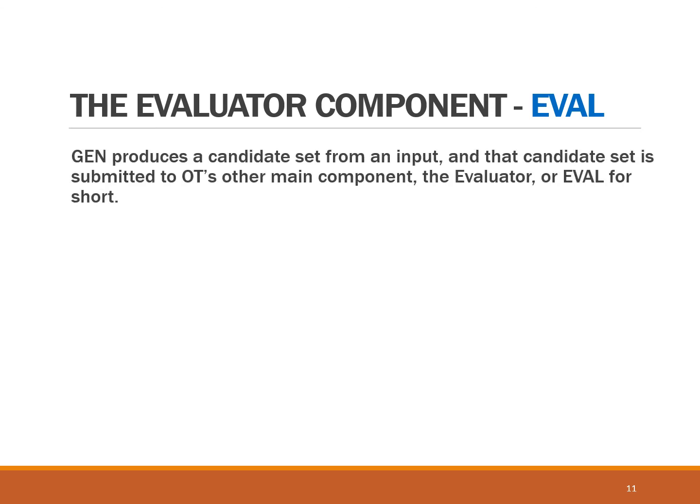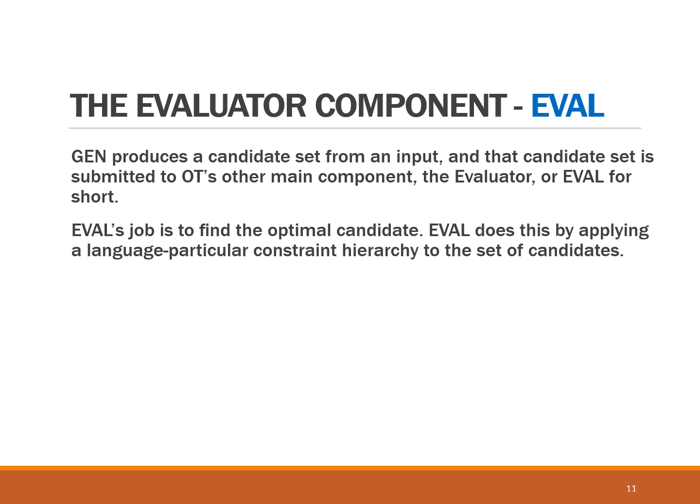Now in the Eval component, Gen produces a candidate set from an input, and that candidate set is submitted to the last component that is called Eval or evaluator. Its job is to find out the optimal candidate.